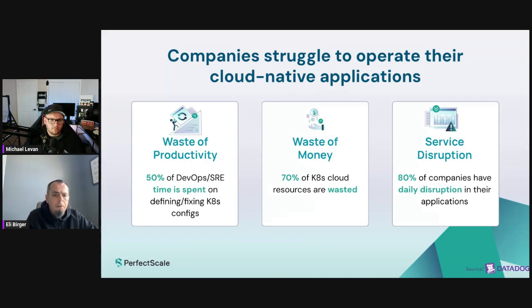And a lot of effort of those operational teams, platform engineering, DevOps teams, the R&D teams, is wasted in continuous tuning of those knobs of Kubernetes and reacting to alerts to fix the problems. Makes sense. Yeah, and exactly what you said about waste of productivity.